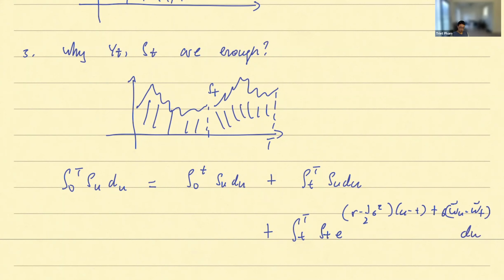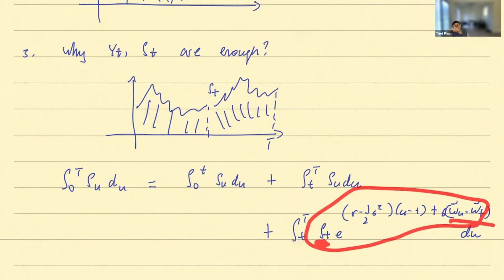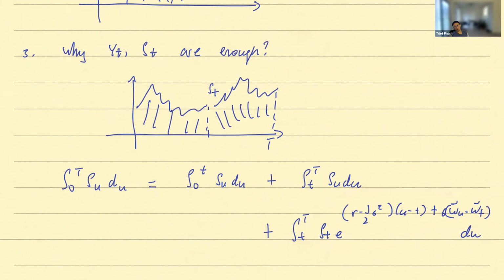But basically, this is just saying that the future value of the stock at time u can be completely generated by the current stock price with the future randomness of the noise. So this shows why these are enough. Does that make sense?